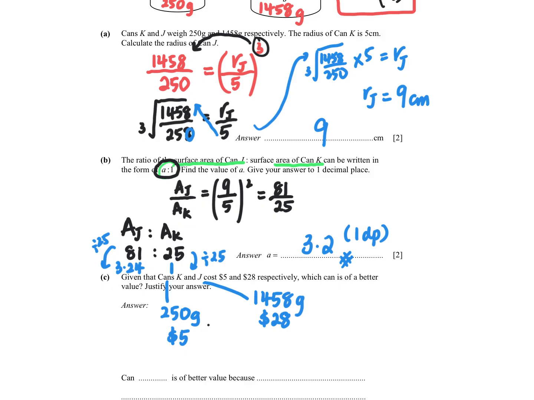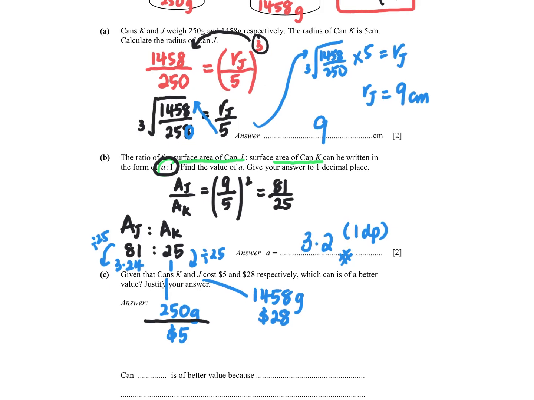Maybe if you want, you can divide by 5. So actually you get 50 grams per dollar. Same thing here. If you divide by 28, you get 52 grams per dollar. So which one is of a better value?